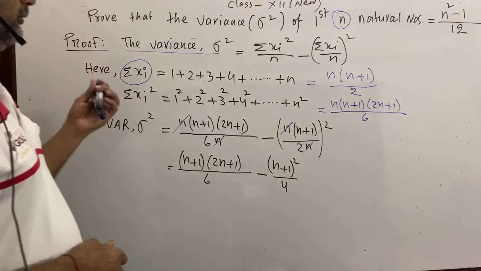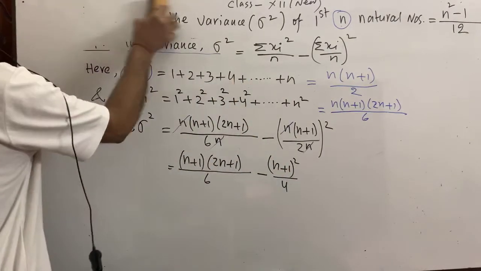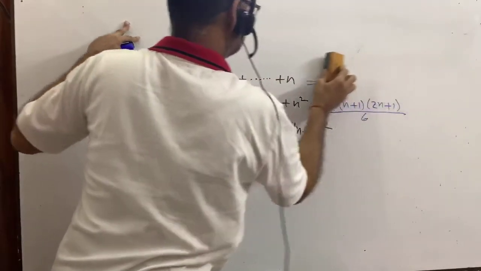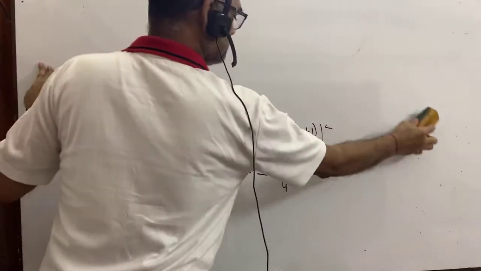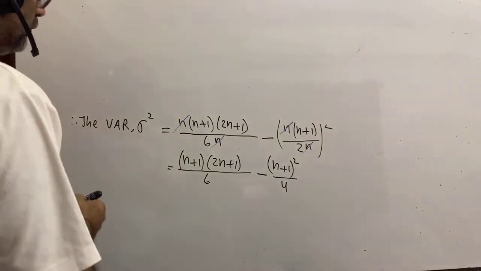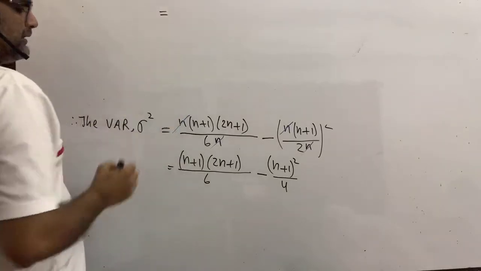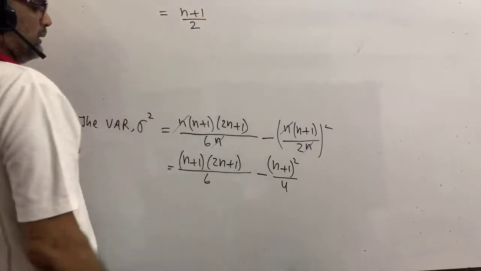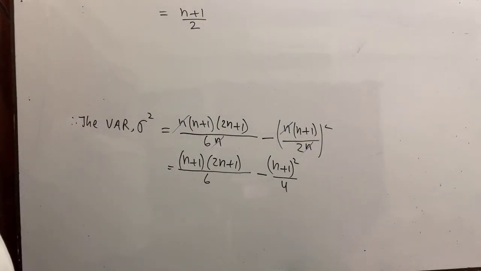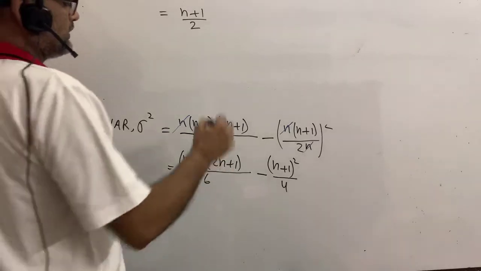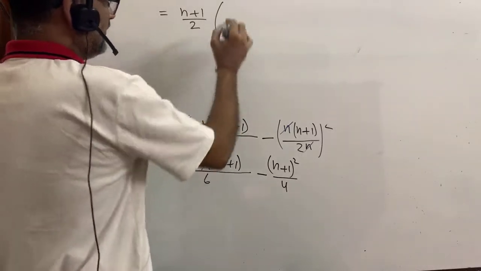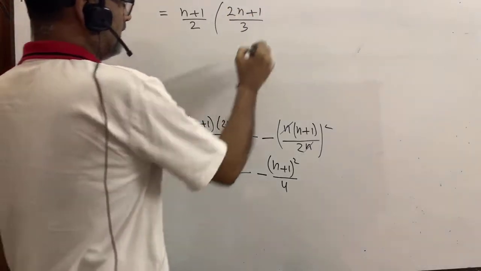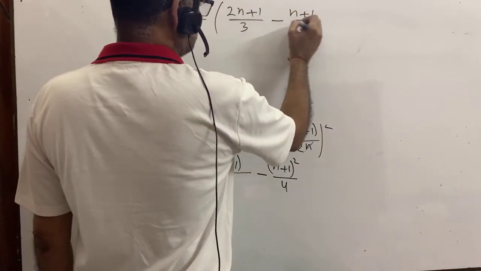After that we can take n plus 1 by 2 common. Have you seen? N plus 1 by 2 has been taken common. So what will we get? Here we will be left with 2n plus 1 by 3, and here we will be left with n plus 1 by 2.